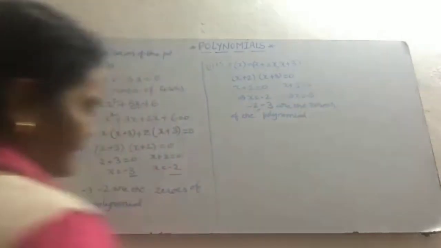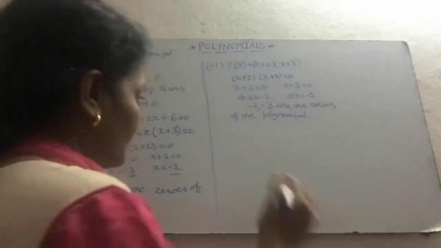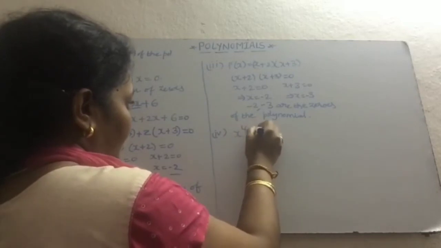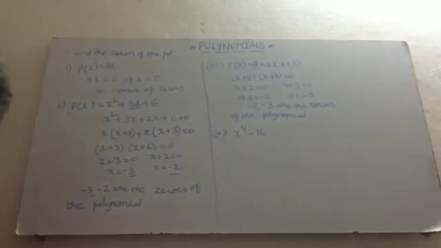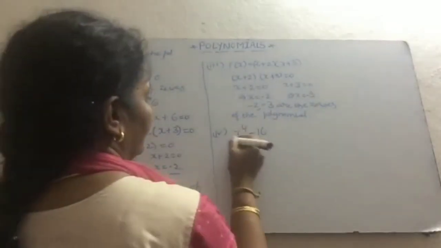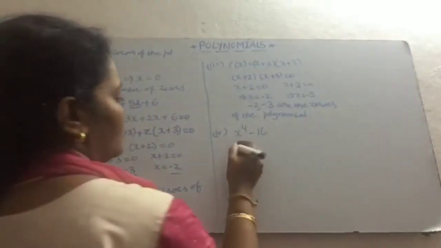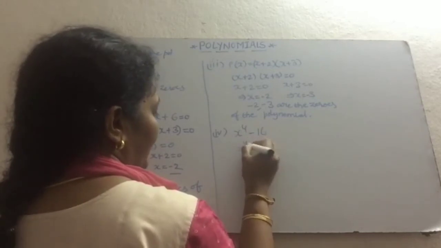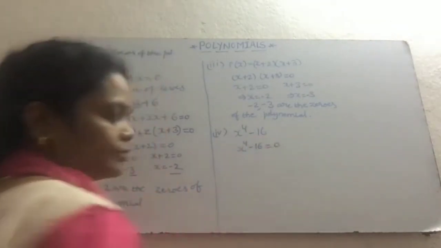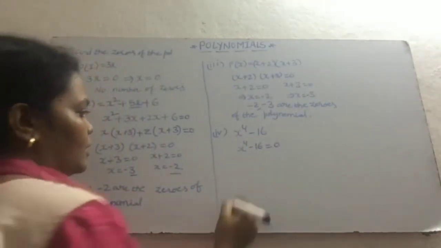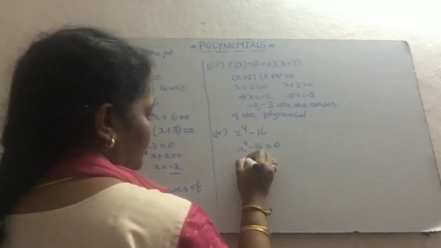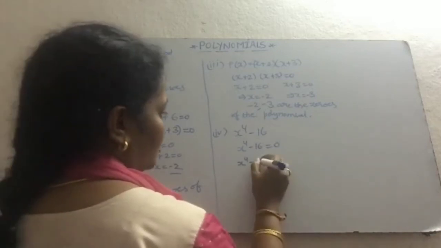And the next problem, x power 4 minus 16. I will take x power 4 minus 16 is equal to 0. Now I will write it as x power 4 minus 2 power 4.